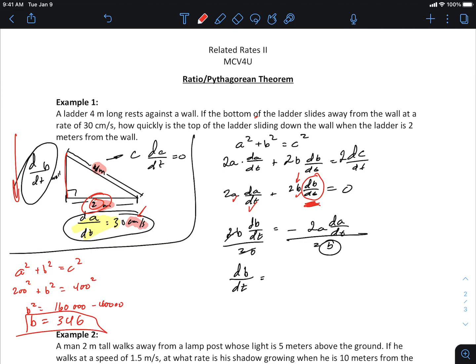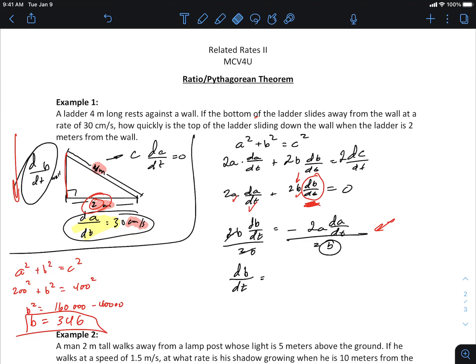I wasn't being sequential, but at least when I got to this stage, as I'm thinking about plugging in my numbers, I realized the units have to work out at the very end. If you've mixed meters with centimeters, that's not going to work. You could have changed dA by dt into meters per second as well. Either will do. I'm not going to specify at the very end how you want to express your answer.